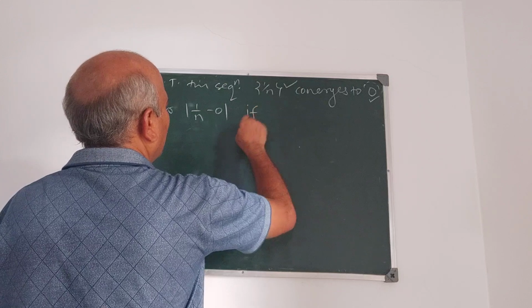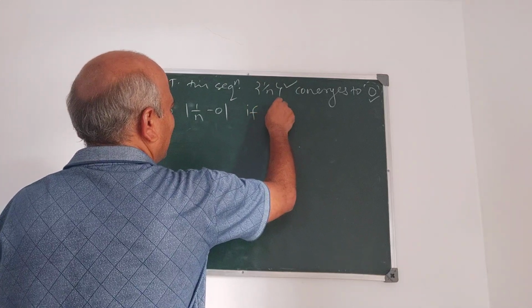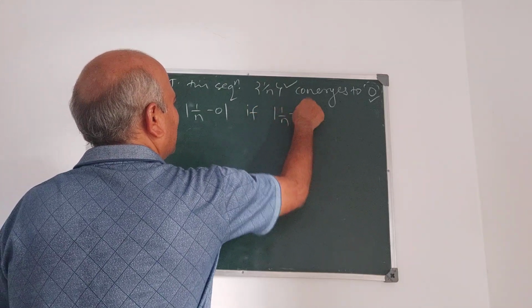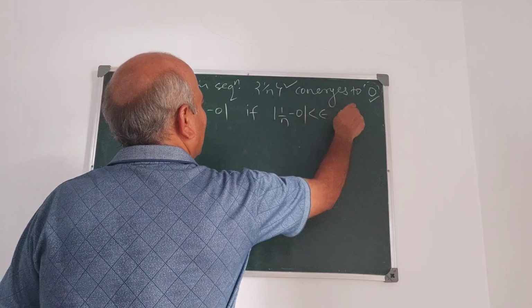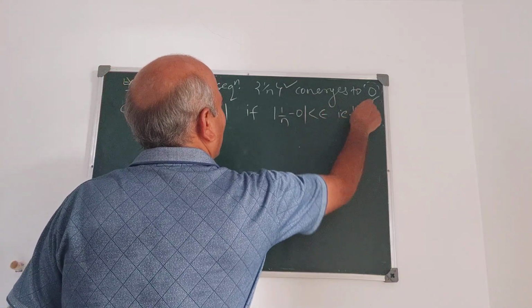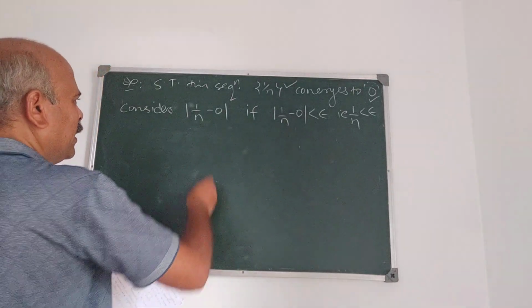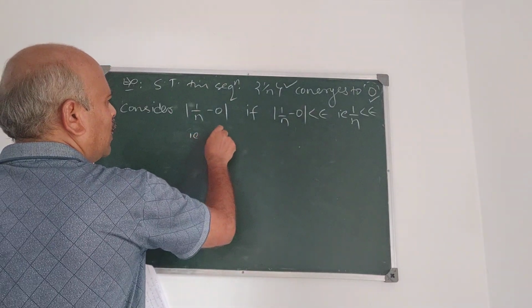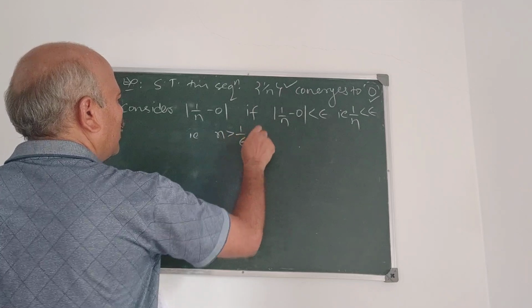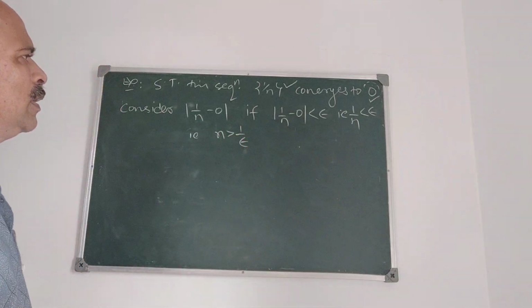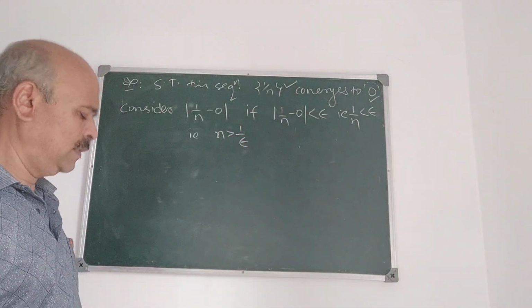If 1 upon n minus 0 is less than epsilon, that is 1 upon n is less than epsilon, that is, if n is greater than 1 upon epsilon.